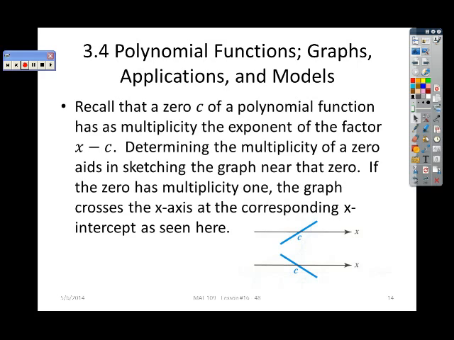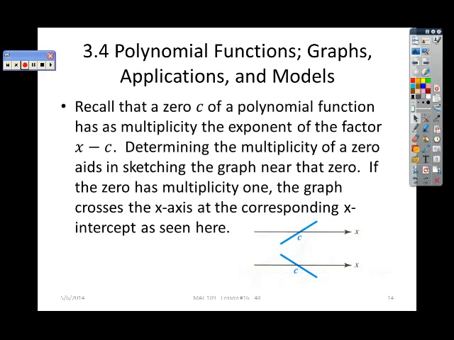Well, because it's the same number, that puts you at the same point on the x-axis. So if it's a real zero that occurs more than once, that will put you on the x-axis twice at that same point, or multiple times at that same point. How does that affect the shape of the graph? That can help you when you're trying to draw the graph.